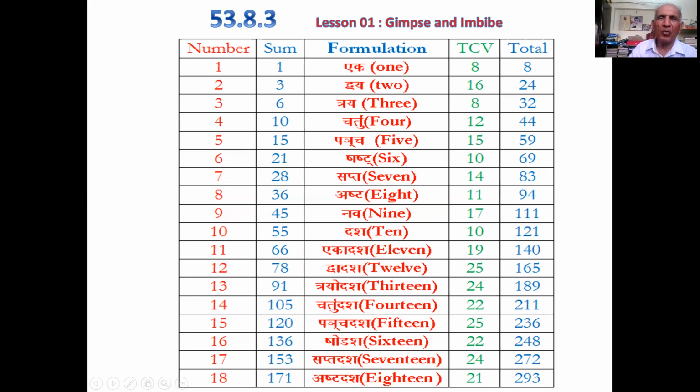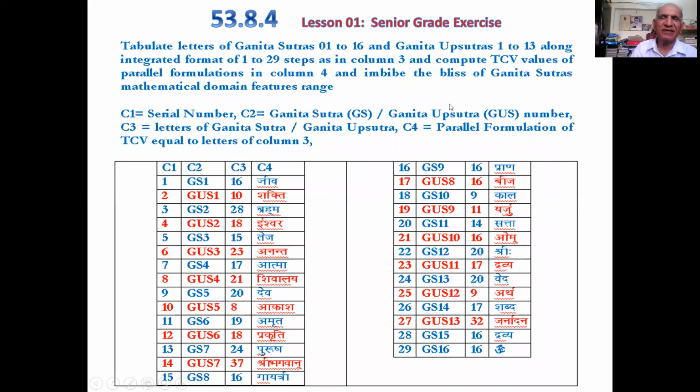Then now we are entering a senior grade exercise. The senior grade exercise is that, first of all, one shall tabulate 16 Ganita Sutras and 13 Ganita Sutras in their integrated format of 29 steps.